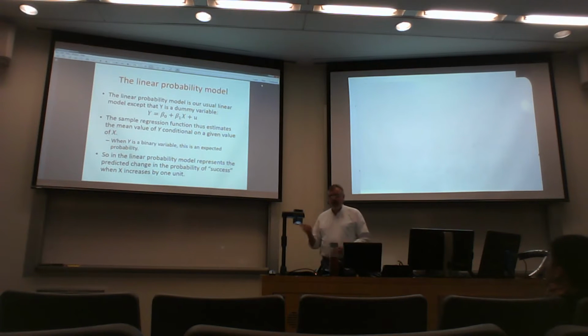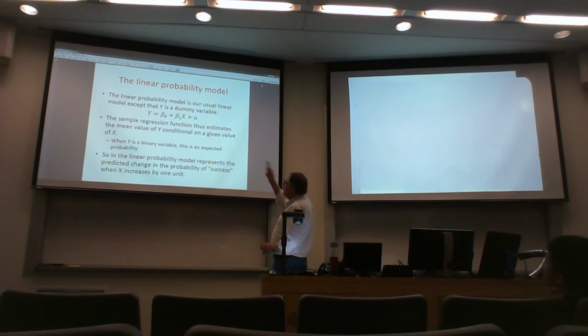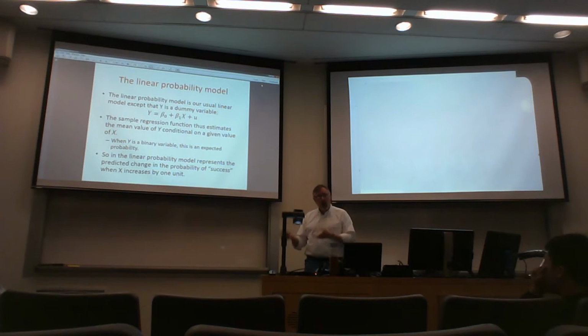Now, this is the linear model that we've been looking at. When you code your dependent variable, your y is either 0 or 1. Does someone own a house? 0, no. Yes, 1. You can run a standard regression on that data.